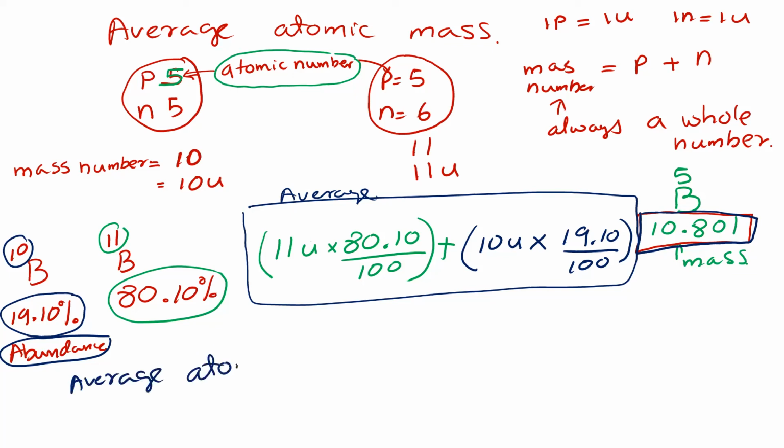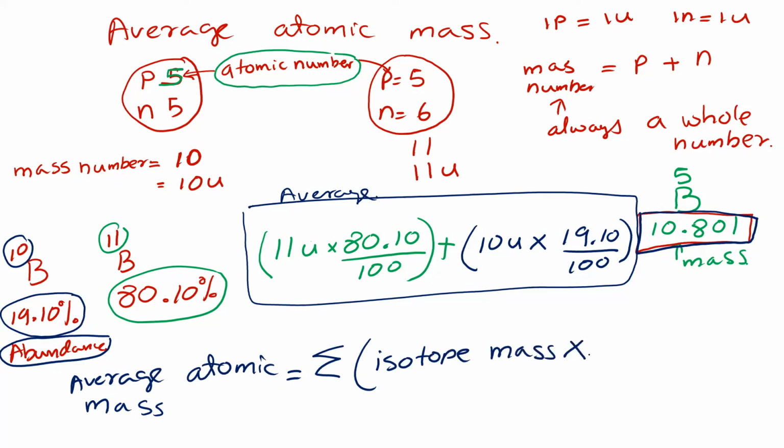We calculate the average atomic mass with a sum. I'm going to use sigma of the isotope mass multiplied by the fractional abundance.